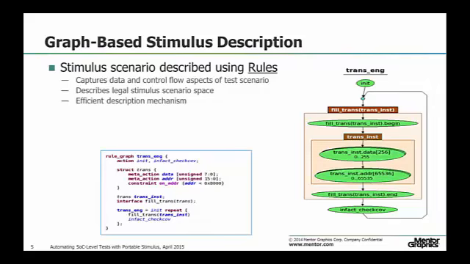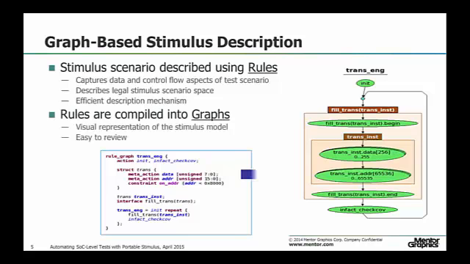It's a highly compact and efficient way to describe the stimulus, usually 1 or 2 pages of code for a real design. This model is then compiled with a special model compiler, and after the compilation it can be viewed as a visual graph.